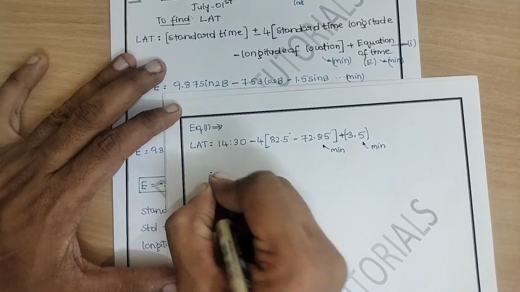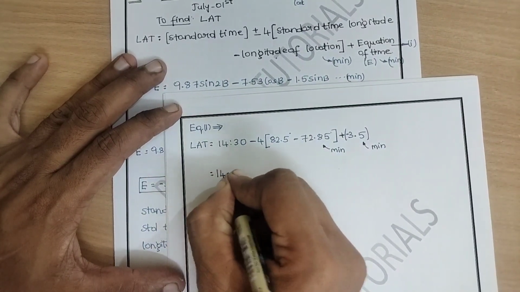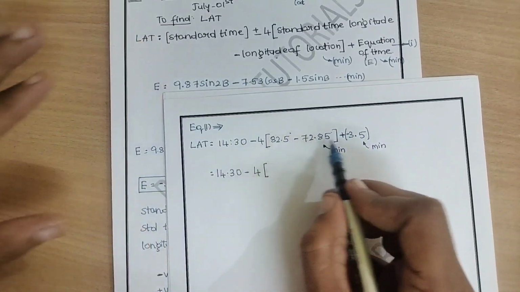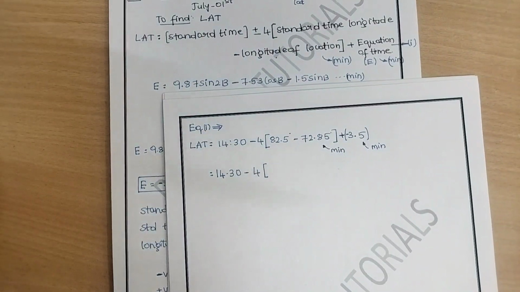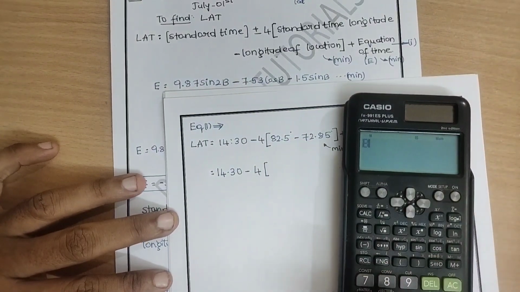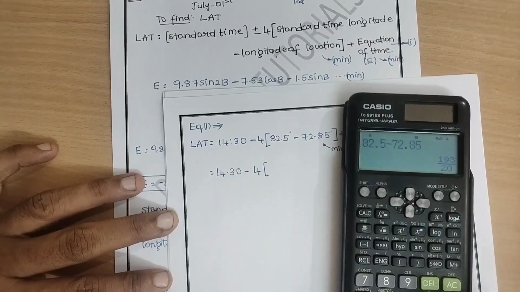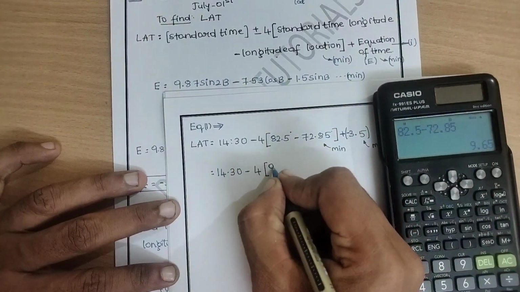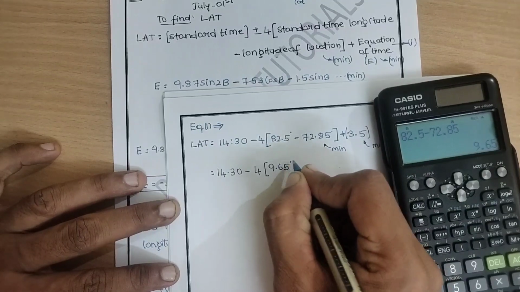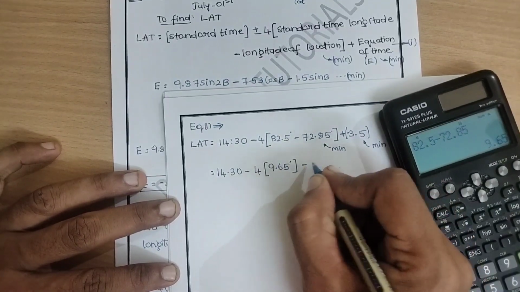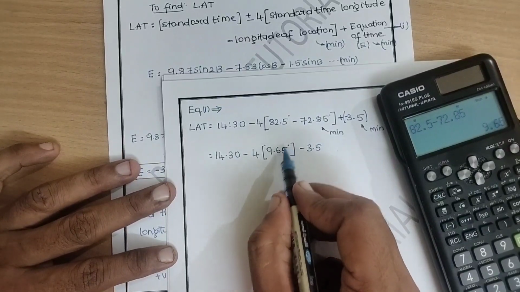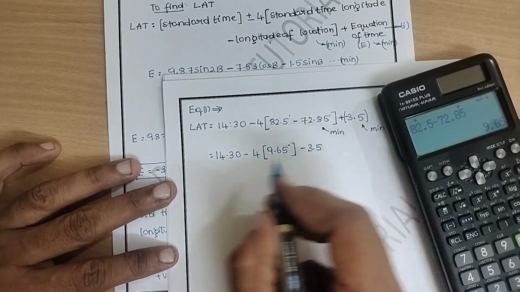So what happens? Local apparent time is equal to 14.30 minus 4 into, we can go for normal simplification, 82.5 minus 72.85. So that is the answer, 9.65 degrees, minus 3.5. I repeat, this part of the equation is degrees, but finally it is in terms of minutes.